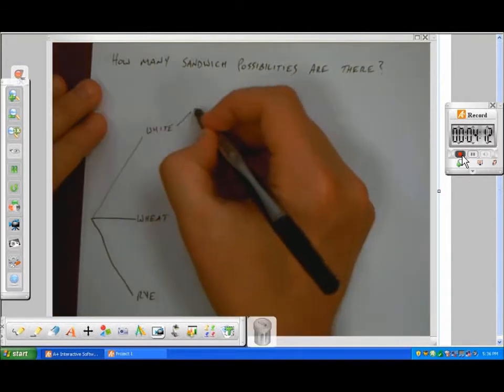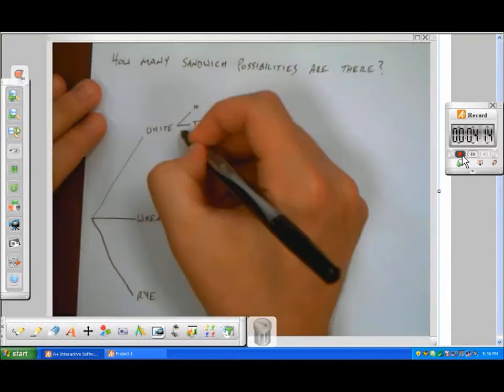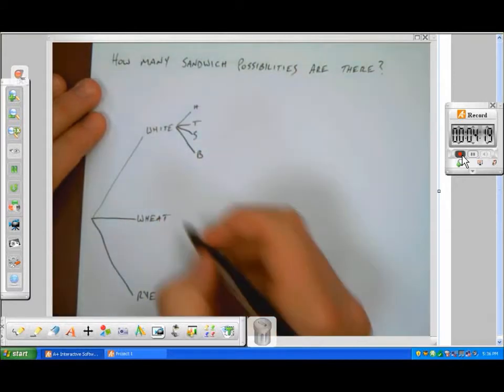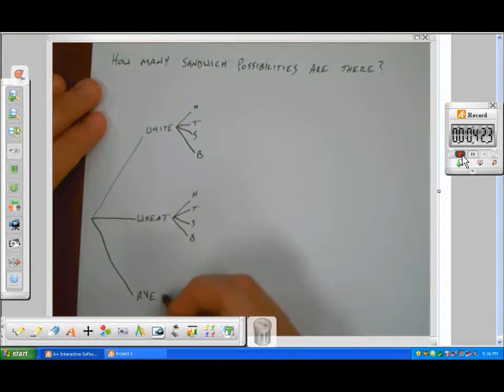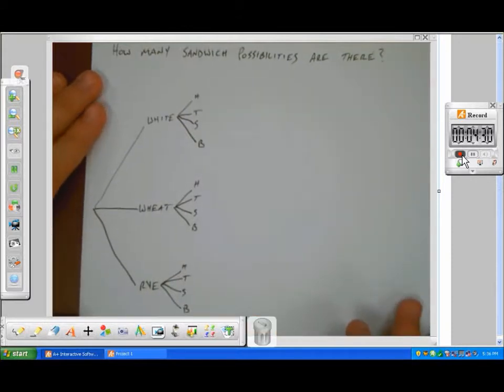H, T for turkey, S for salami, B for bologna. Ham, turkey, salami, bologna. And then we've got the 2 cheeses.